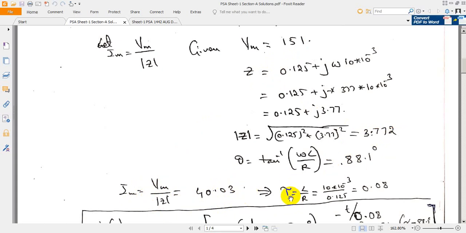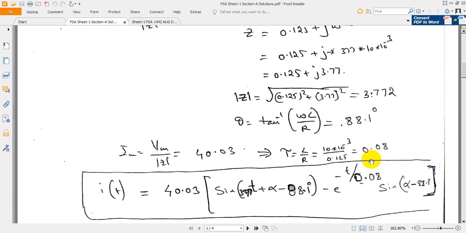Similarly, for an RL circuit, the time constant tau is equal to L by R. L value is given as 10 millihenries, 10 into 10 to the power of minus 3, divided by R value 0.125, you will get 0.08.